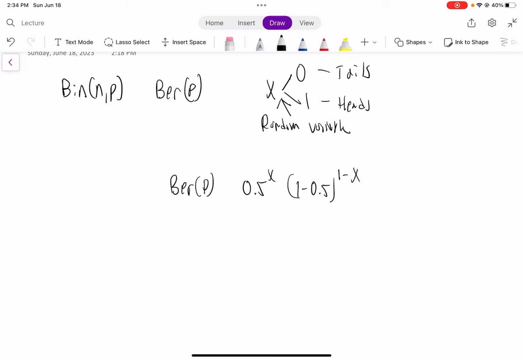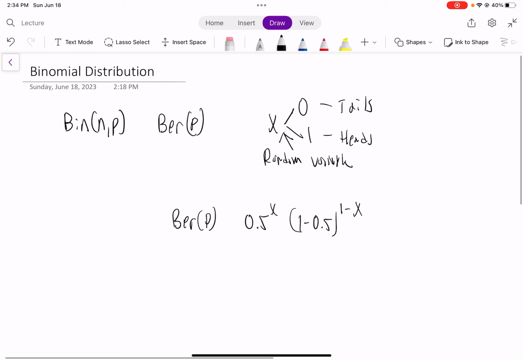So the x here is mapping the heads or the tails, so the number of successes. In the Bernoulli case, the number of successes is actually 1 or 0.